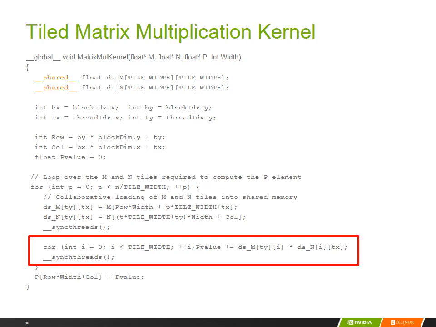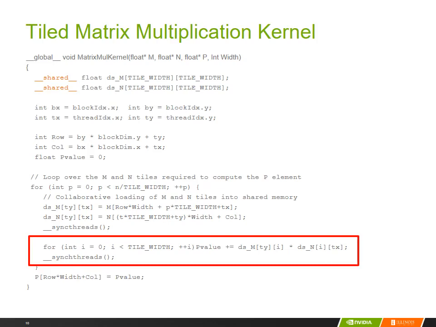This is very important because if any of the threads moved ahead to load the next phase M and N elements, it may accidentally overwrite the M and N elements that some other threads are yet to use.